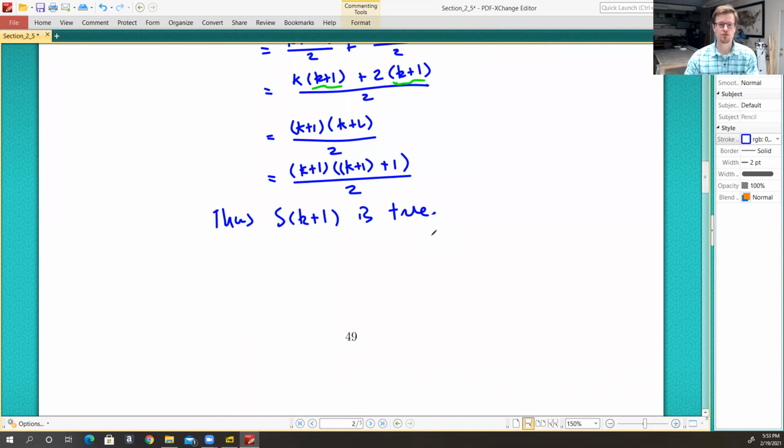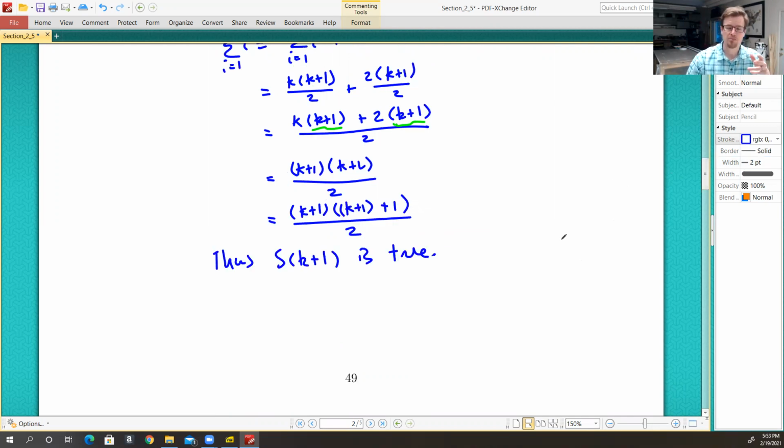So we've shown it's true for the base case, we've shown it's true for the inductive step, and the principle of mathematical induction says that it's true for all integers greater than the base case.